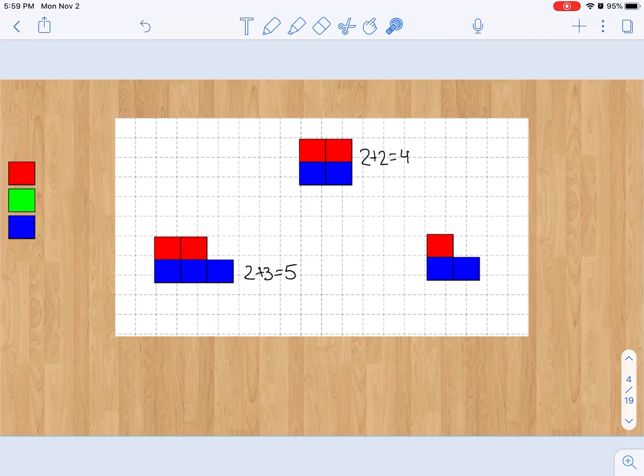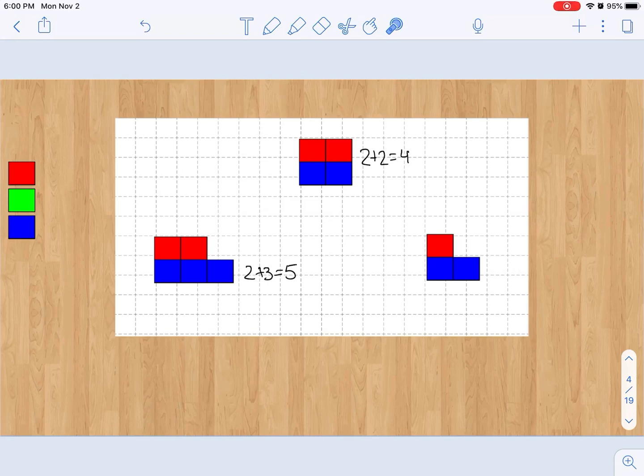Let's look back at the original tile arrangement of 2 red tiles on the top and 2 blue tiles on the bottom. What would happen if you removed the red tiles from the right side of the array? Would it be an even or odd number of tiles? It would be odd.